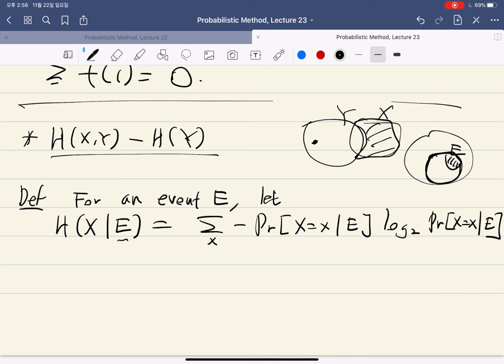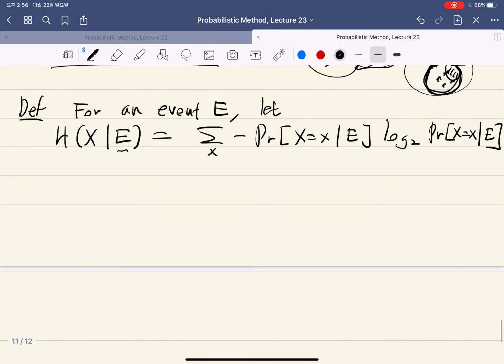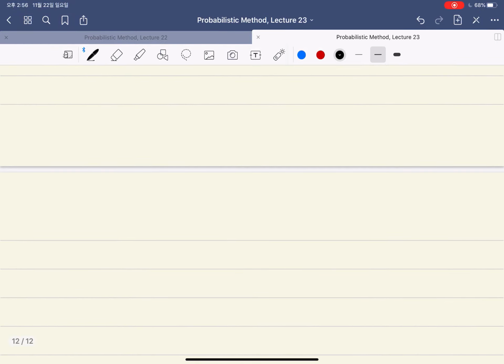But there are two randomnesses here. First, depending on which event in y happened, the shrinking can be different. And then after that, which value x takes might shrink it in a different way. In order to average it out, we come up with this formula to measure the average information that we get.